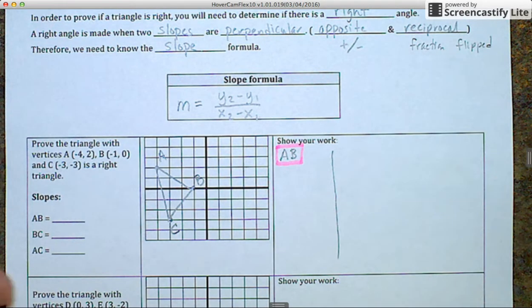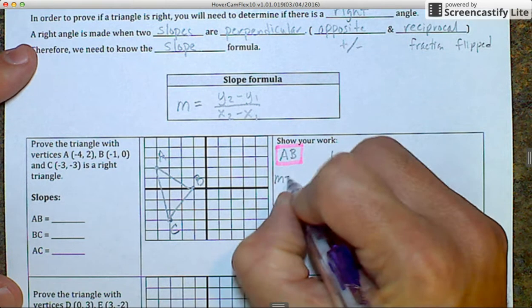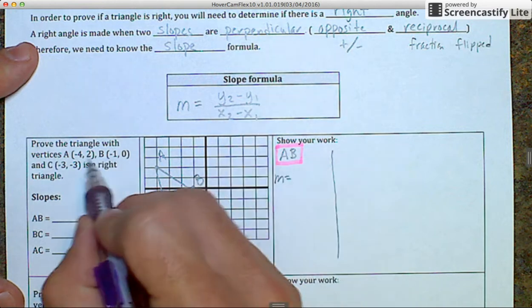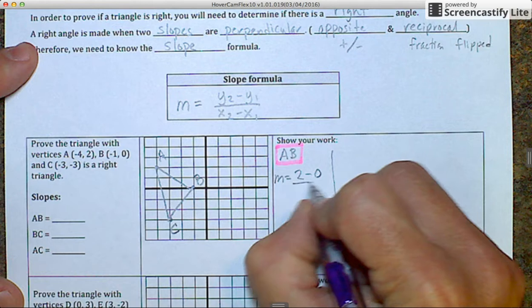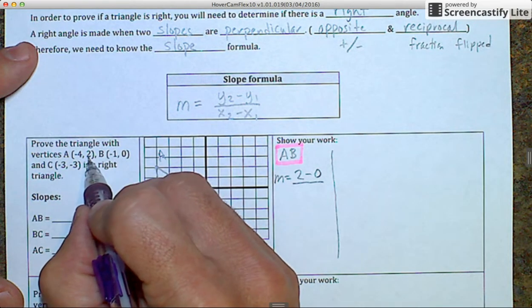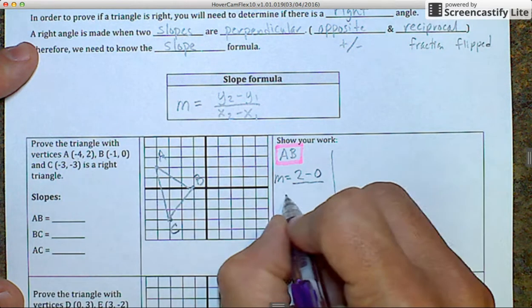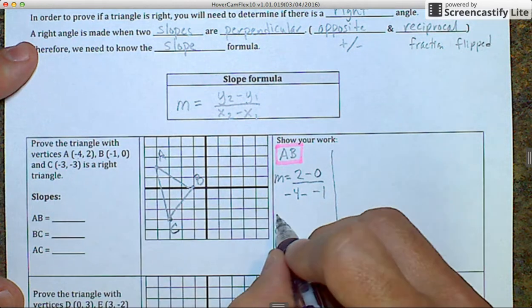We're just going to take the vertices A and B and figure out the slope. y2 minus y1 would be 2 minus 0, over, and if I started with 2 and finished with 0, I have to start with -4, so -4 minus -1. Then we're going to simplify that.